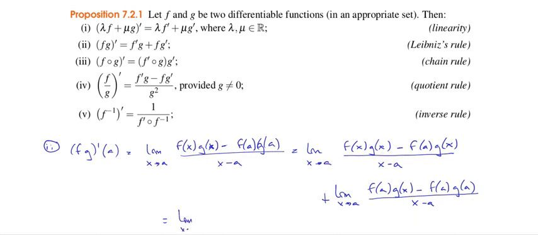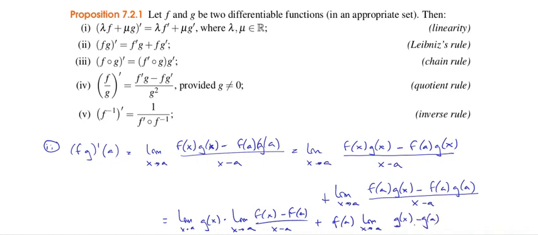The limit when x goes to a of g(x) times the limit when x goes to a of f(x) minus f(a) divided by x minus a, and then we have plus f(a) out, and then the limit when x goes to a of g(x) minus g(a) divided by x minus a. So this is g(a) f prime(a) plus f(a) g prime(a), okay, which is what we wanted to prove, right?